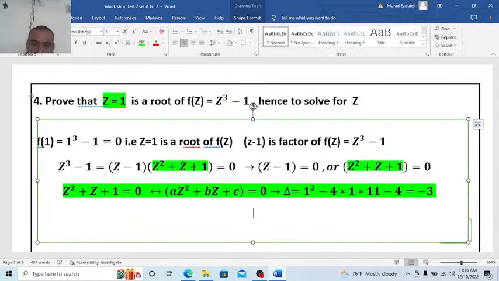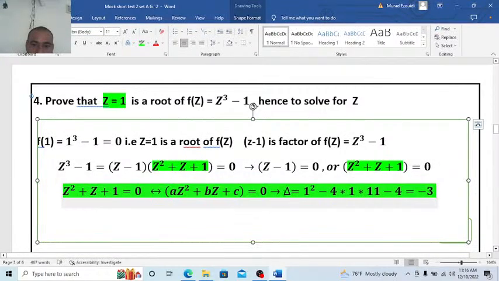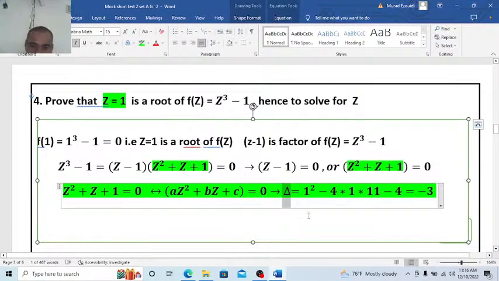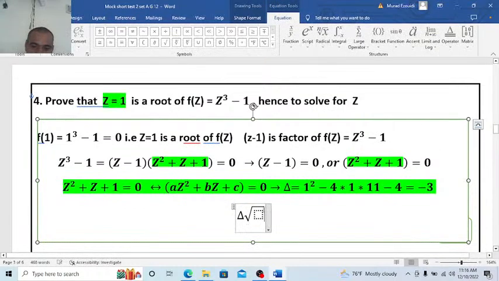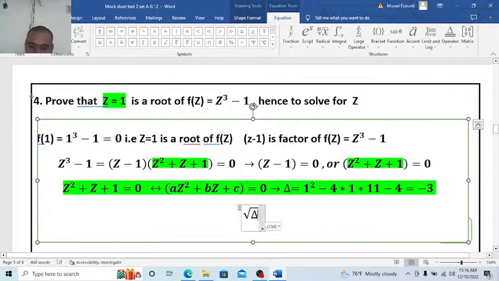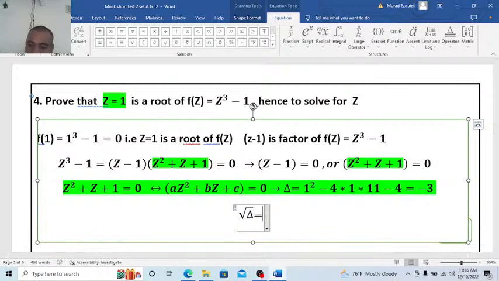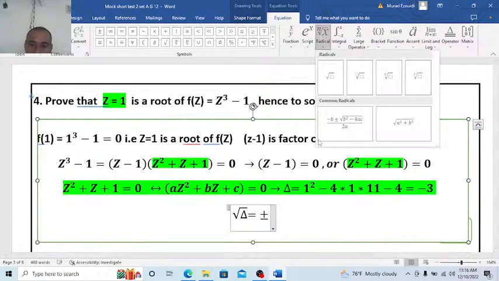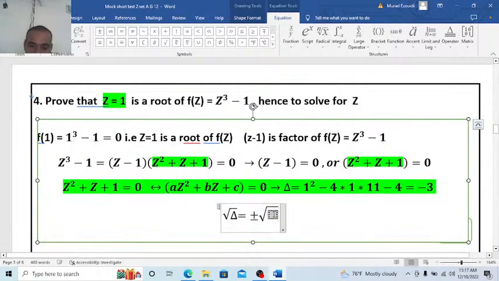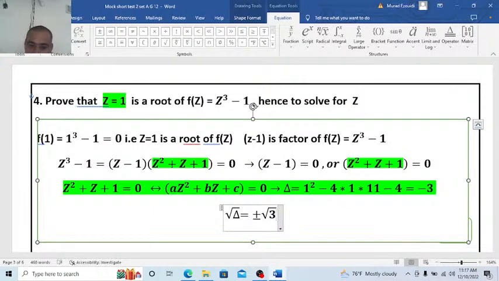Therefore the square root of delta is equal to plus or minus root 3, and there is an i here, don't forget, small i.